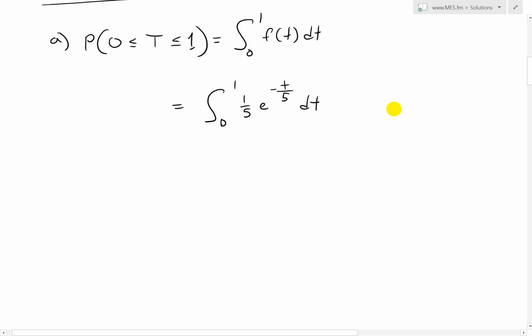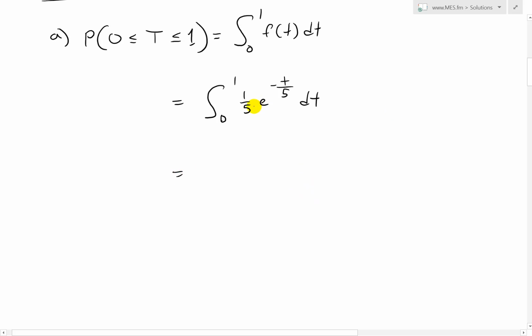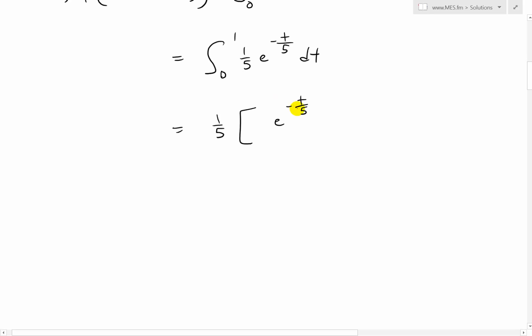Now let's solve this. The 1 over 5 is a constant, so I'll take it out of the integral. The integral of e to the negative t over 5 is e to the negative t over 5, since the integral of the exponential function is itself, and then we divide by the constant, which is negative 1 over 5. Let's do that. Let's write this neater.